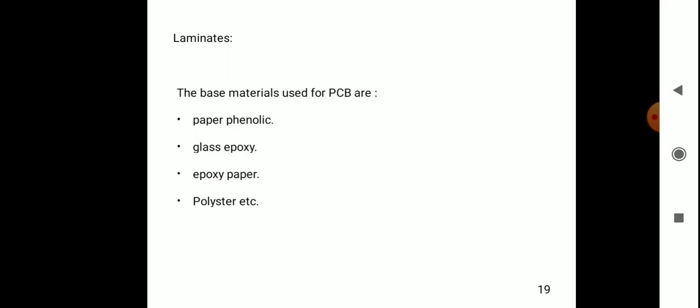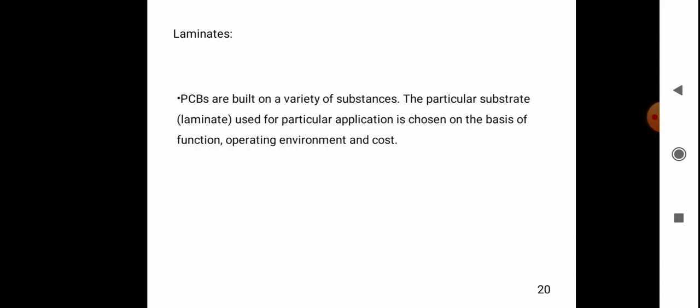What are the differences in the laminates? The base materials used for PCBs are paper phenolic laminates, glass epoxy, paper, polyester, etc. Generally, PCBs are built on a variety of substances.